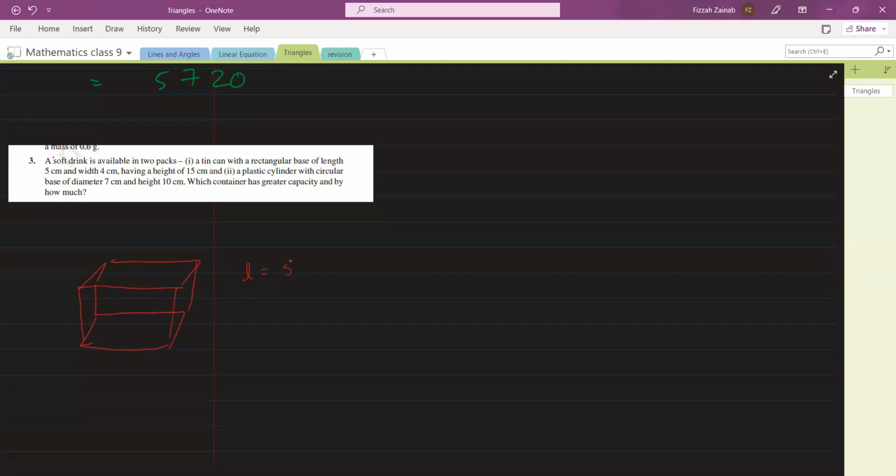This length is 5 centimeter, the width is 4 centimeter, and height of this can is 15 centimeter. And second, a plastic cylinder with circular base. So the another can is in the shape of a cylinder. Circular base of diameter 7 centimeter.